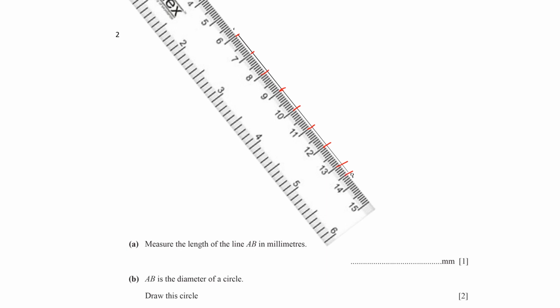So the length is 7.5 centimeters. Now we have to answer in millimeters. How many millimeters are there in a centimeter? 1 centimeter is 10 millimeters, so 7.5 centimeters is going to be 75 millimeters.